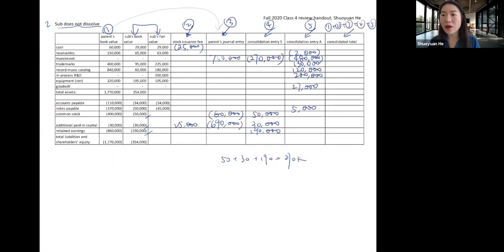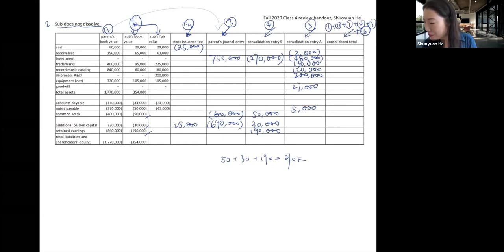We add up those columns. We need to add another column, which is 6, the subsidiary's book value. Sorry, I forgot this column. So we take the parent book and then we take the subsidiary's book. We take all of those consolidation entries.